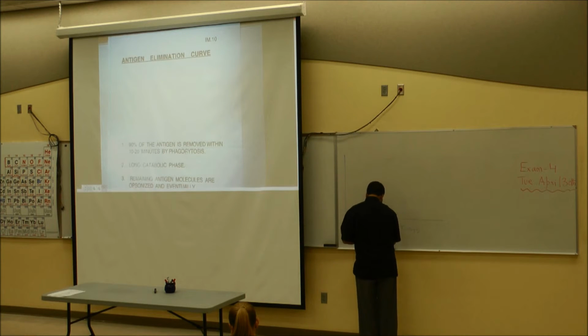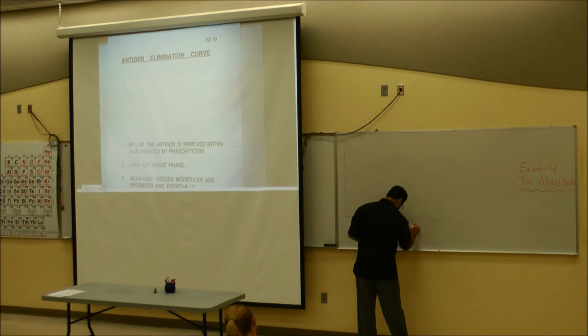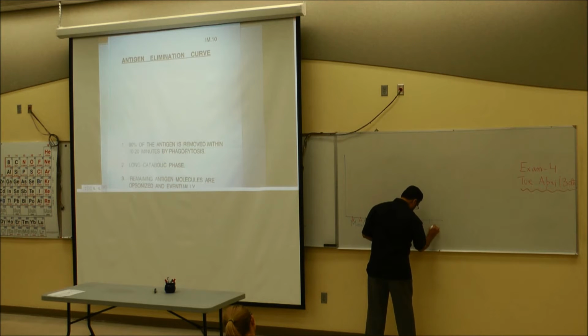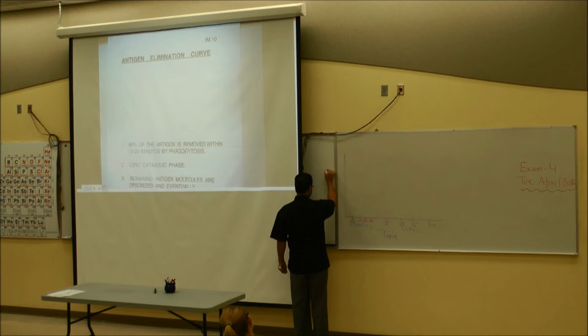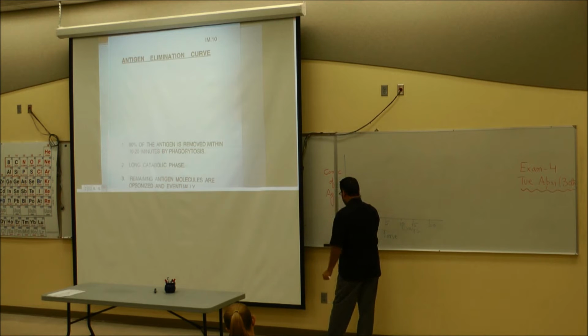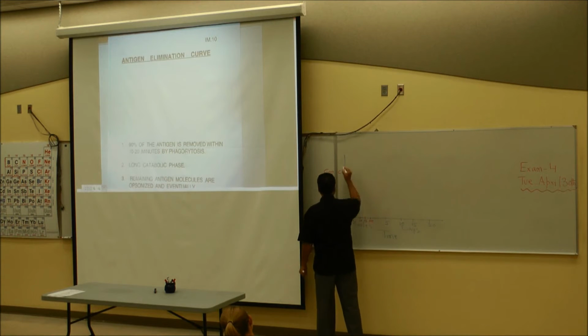And then days. Five, 10, 15, 20. And then on the y-axis, we have concentration of antigen. Capital A, small g is the abbreviation for concentration of antigen.